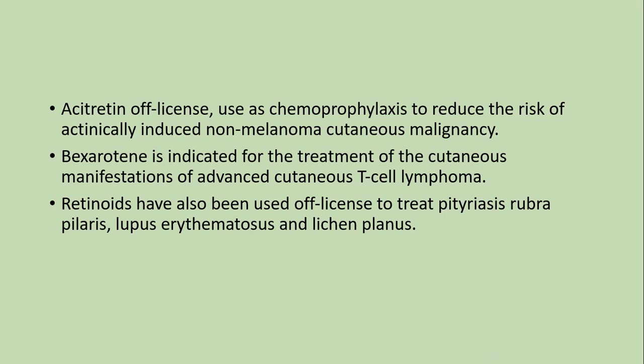Bexarotene is indicated for the treatment of cutaneous manifestations of advanced cutaneous T-cell lymphoma. Retinoids have also been used off-license to treat pityriasis rubra pilaris, lupus erythematosus, and lichen planus.